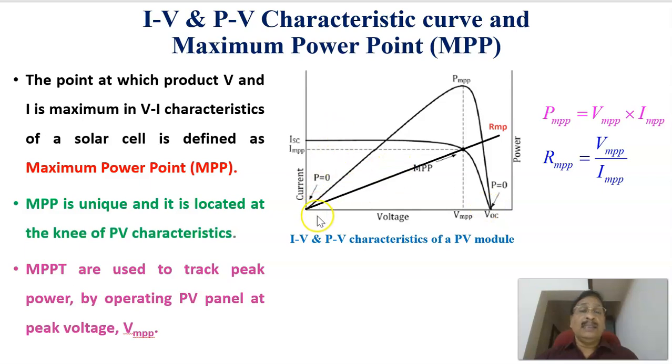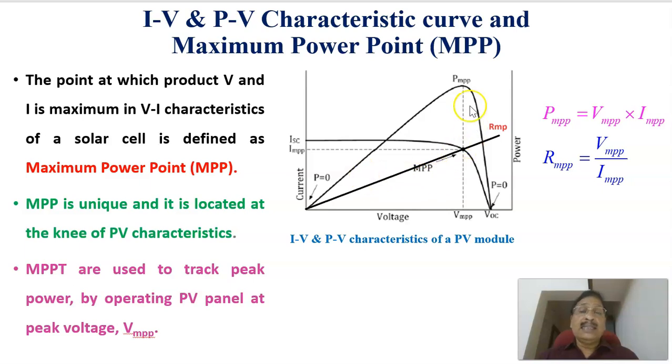If you multiply the current and voltage at different instances, you can plot power versus voltage. This is the maximum power, and the corresponding PV panel voltage we call VMPP, and the corresponding current we call IMPP. The product of VMPP and IMPP gives the maximum power, PMPP.